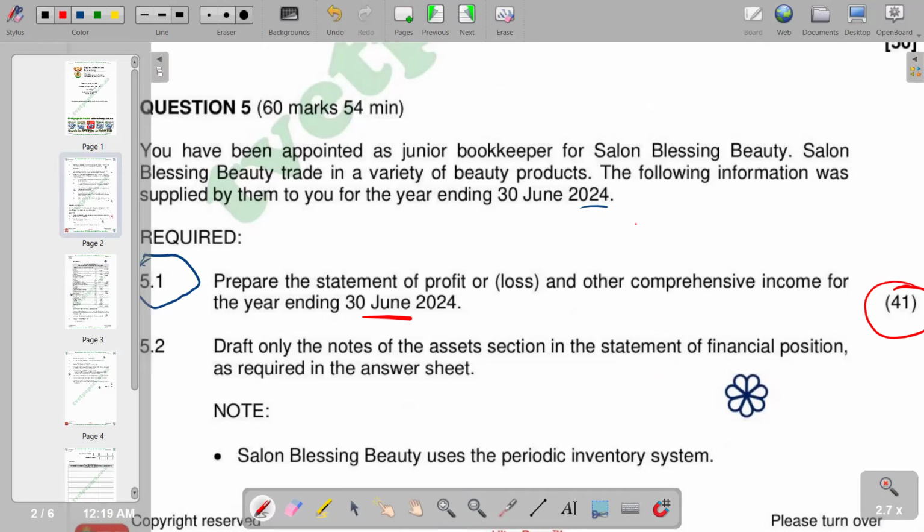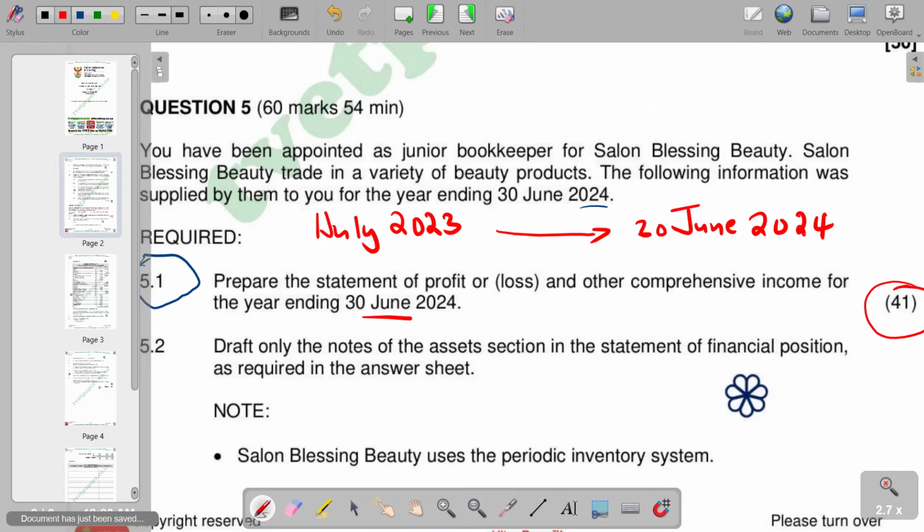So we are saying 30 June 2024 is the financial year end. It means it started at the previous year, 12 months back. So we are saying 1 July 2023. So this is our financial year. Any calculation that needs proportionate calculations in terms of number of months, you refer back to your financial period, that is 1 July 2023 to 30 June 2024.